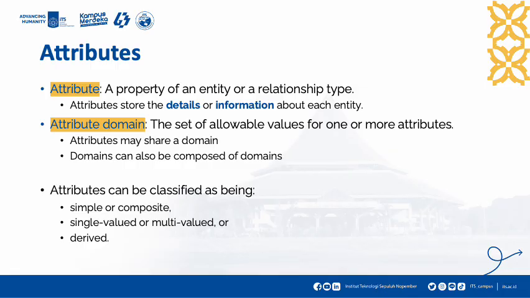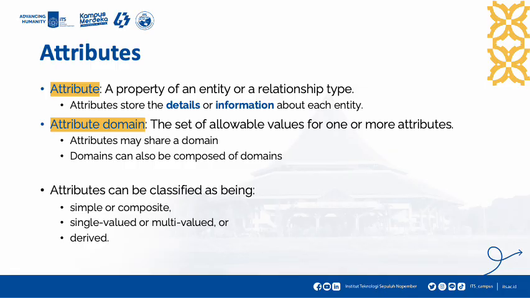For example, for a student entity, we have an attribute called grades, and the attribute domain for this attribute called grade is maybe between 0 to 100.